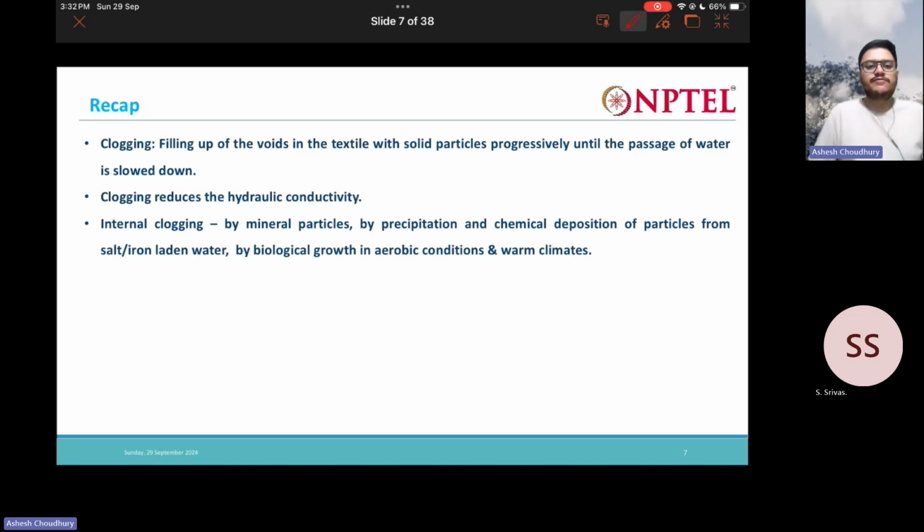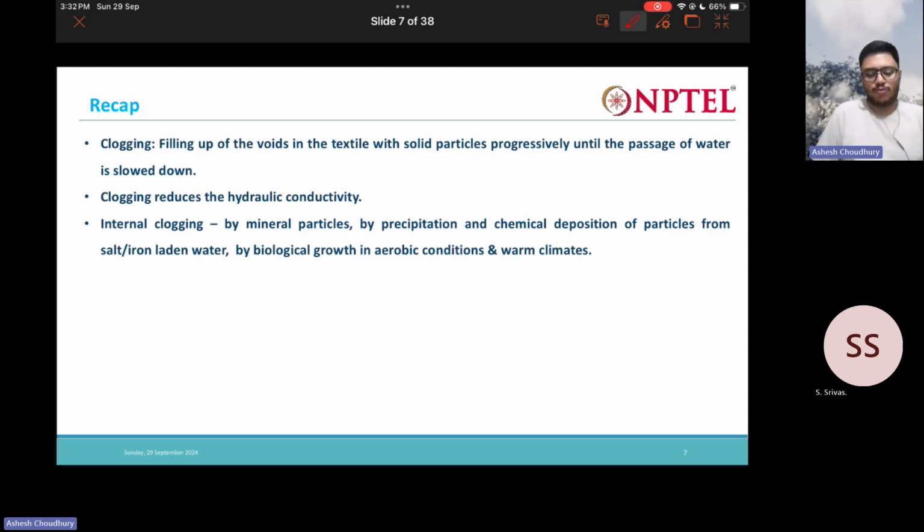So what is clogging? Filling up of the voids in the textile with solid particles progressively until the passage of water is slowed down. Clogging means that you have placed a geotextile for the purpose of filtration. Now slowly the fine soil particles progressively enter the pores and clog them.